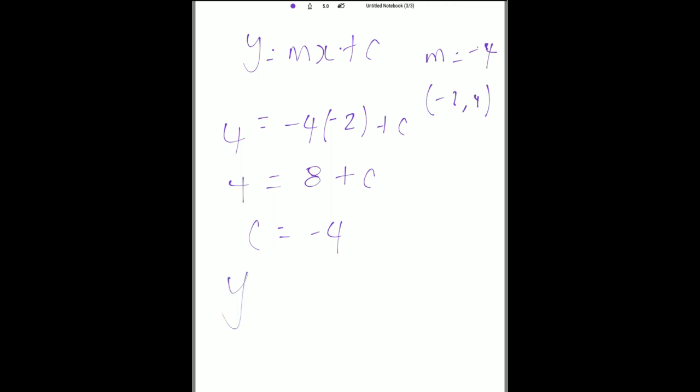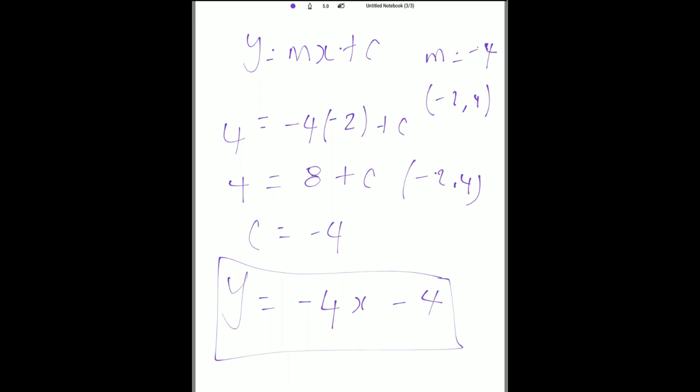What that means then is that the equation of the tangent to the curve at the point negative 2, 4 would be y equals negative 4x minus 4. That is the equation of the tangent to the curve y equals x squared at the point negative 2, 4.